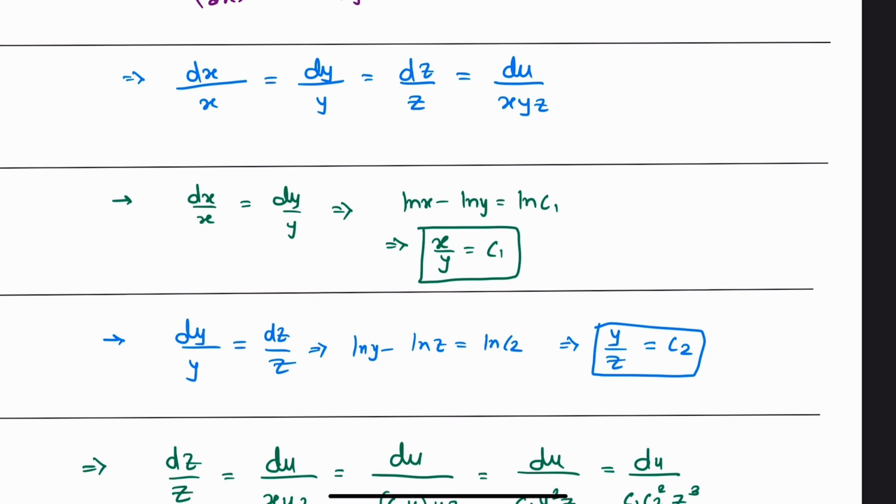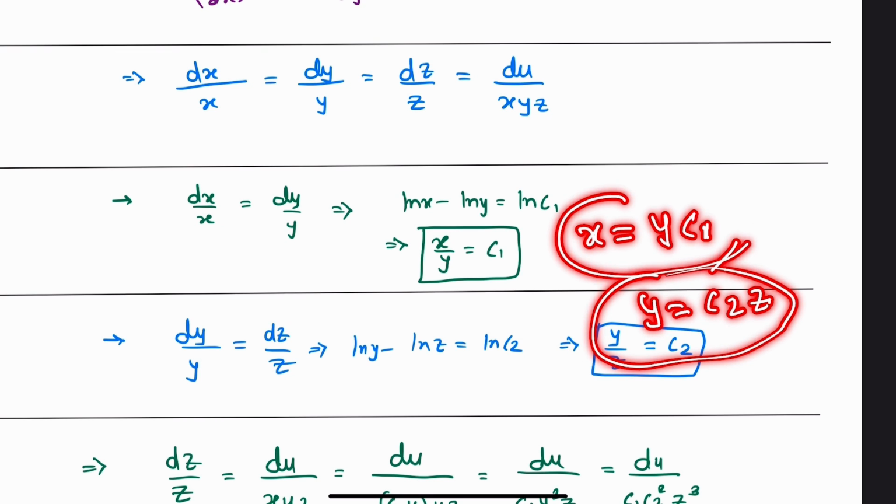Now if you observe, here we have x by y equals c1. So let us say x equals y c1. And here let us take y equals c2 into z. Let us take x equals y into c1 and y equals c2 into z. So these two values we will replace here.